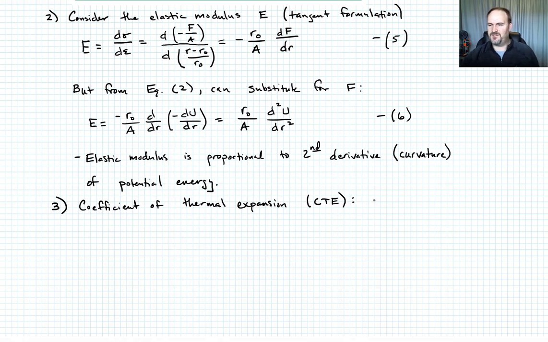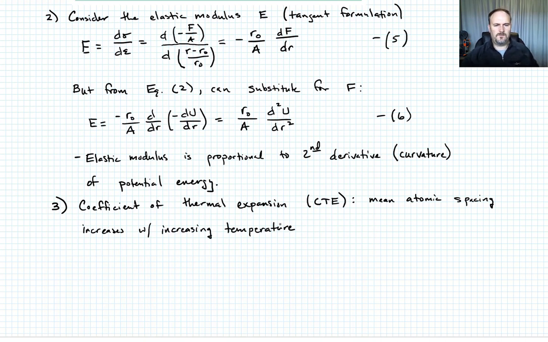So let's write that in sort of fancy physics notation. We'll say that the mean atomic spacing increases with increasing temperature. So heating up a material makes it expand or causes expansion.